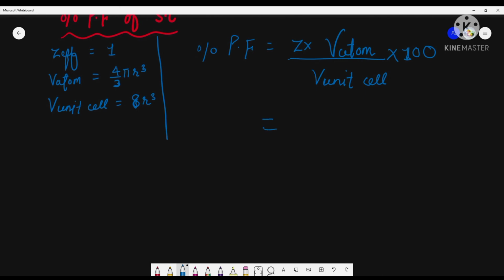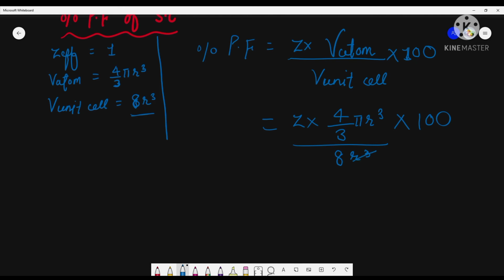Now it's simple, we just have to put in the values. Volume of atom is 4 by 3 pi r cube, by volume of unit cell 8r cube, into 100.